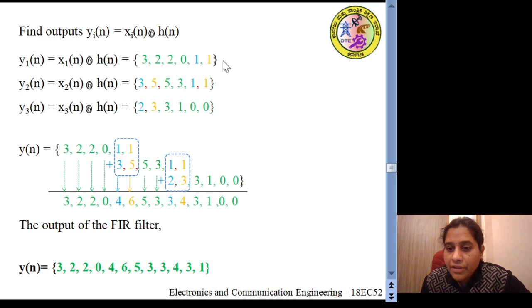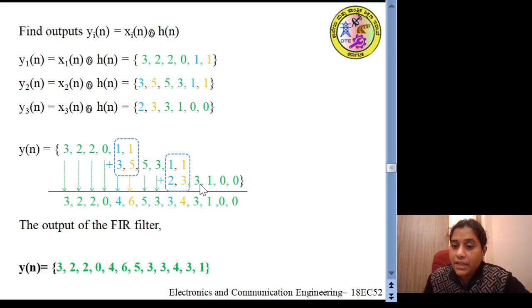The value of L is 3, so L minus 1 is 2. Two samples are merged with the first 2 samples of the next block, which are 3 and 5. So we keep 3, 5, 5, 3, 1 and 1. Similarly, the last L minus 1 samples coincide with the first 2 samples of the next, final block.